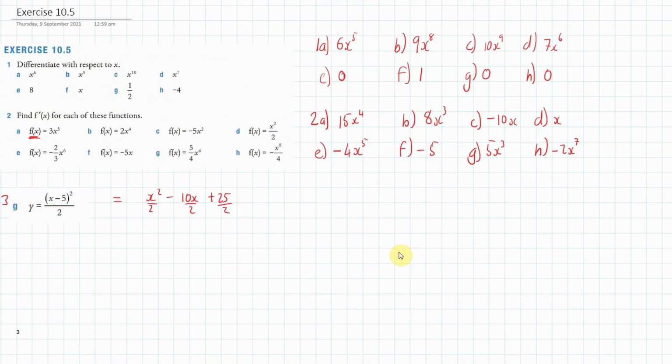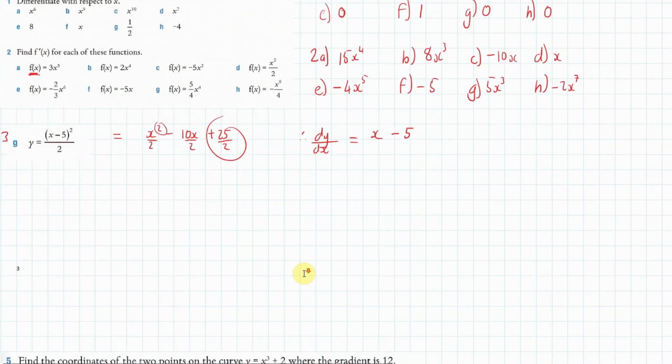Now, when we differentiate that, the gradient function is going to be, we times the 2 here by the 1/2, so that just becomes 1, so we get x. And then the next term is just going to be negative 10 over 2, which is 5, and this one drops out. So that's that.